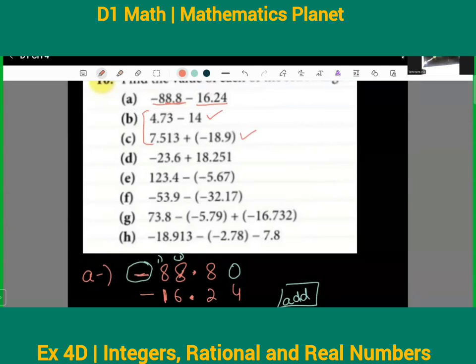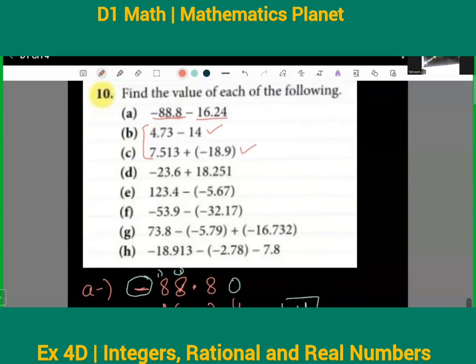Do B and C part on your own on the notebook. Minus 9.27.